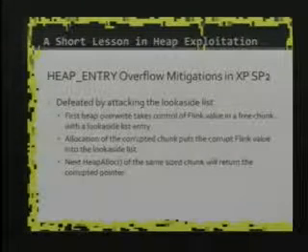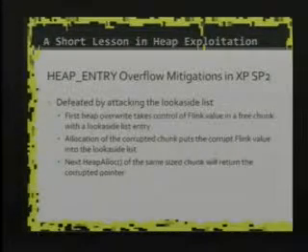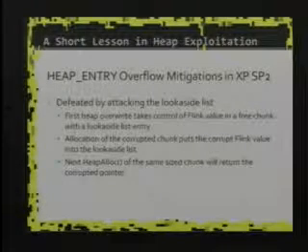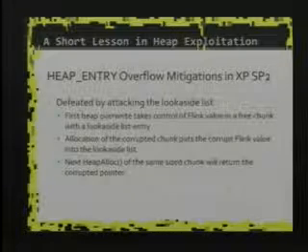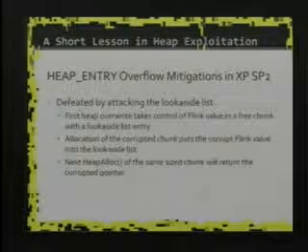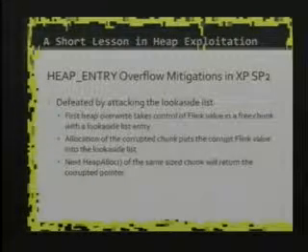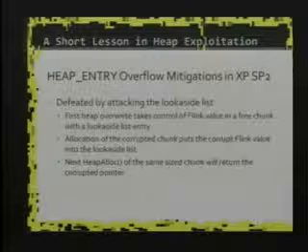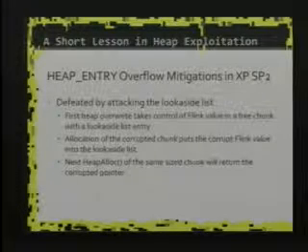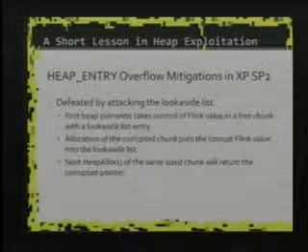Well, I don't have it cited here, and I don't remember offhand, but somebody came up with an attack that was able to take advantage of this and actually allowed up to something like a 2K write. But basically, the idea is that the first overwrite takes control of that value in a free chunk. And in the look-aside list, it's singly linked. So it takes control of that forward pointer.